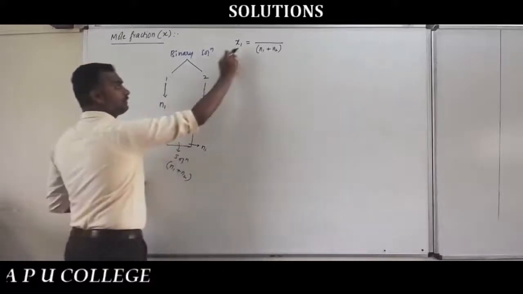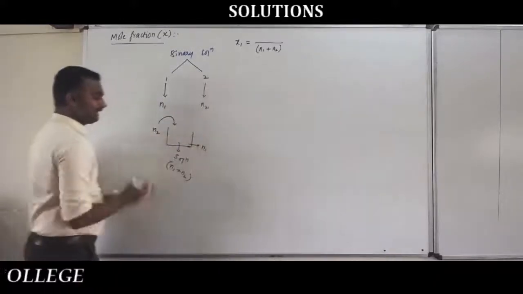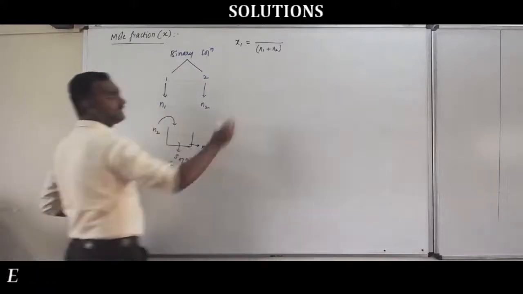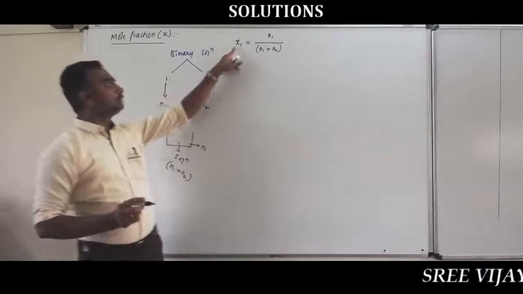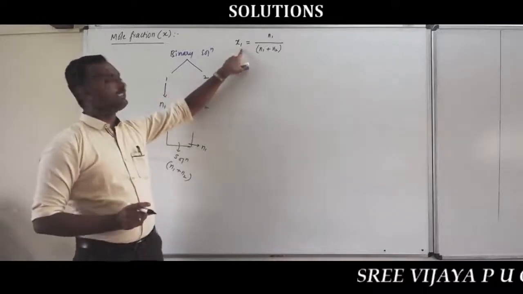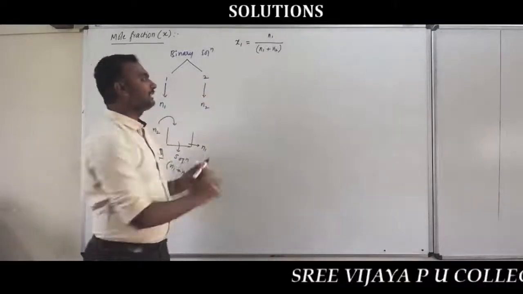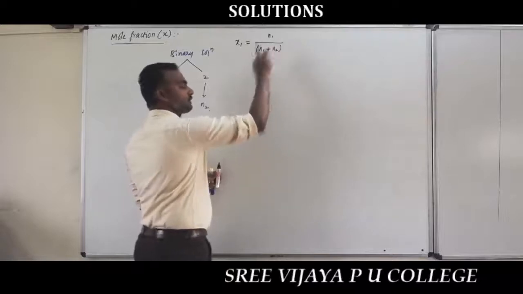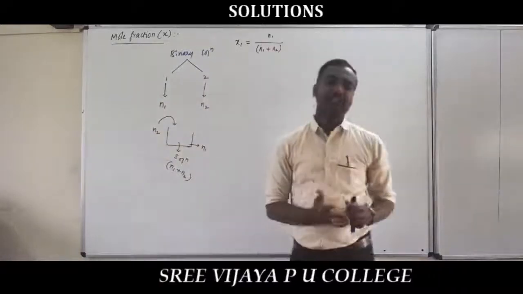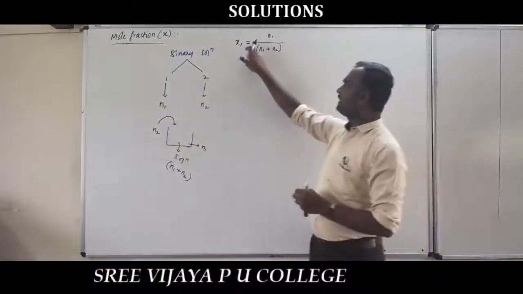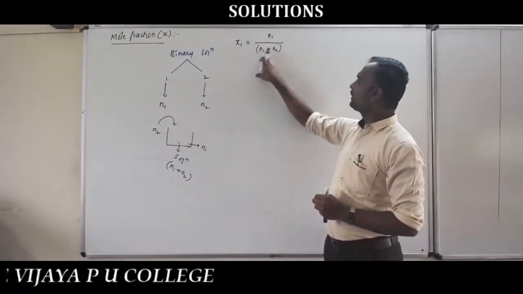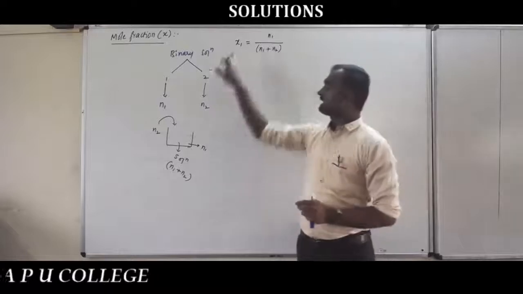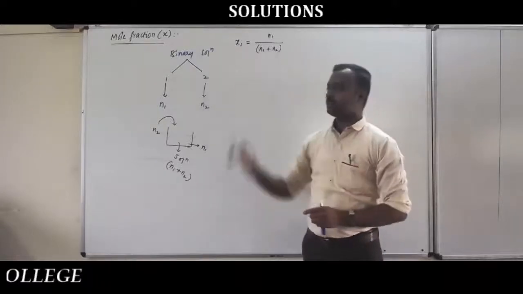The number of moles of component 1 is N1. So this is simple. Mole fraction of component 1 means how many moles of component 1 are in the total number of moles of solution. That is, the ratio of the number of moles of component 1 to the total number of moles of solution is the mole fraction of component 1.